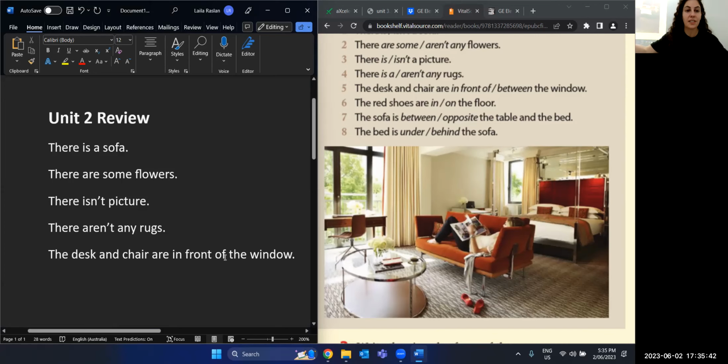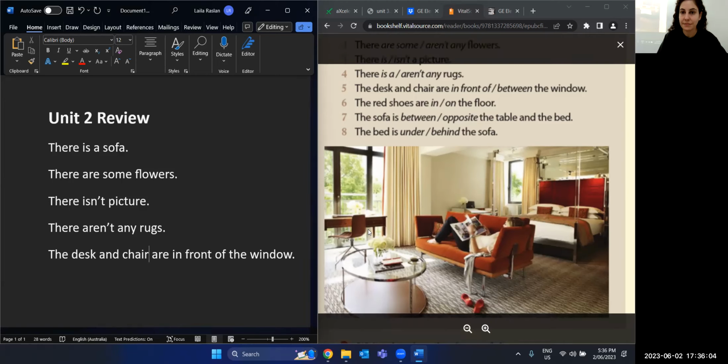You remember all these words? Preposition of place. So it's location. And we're talking about these furniture, their location in the room. So the desk and chair, there's only one desk. There's no S plural. So there's only one desk, one chair. They are in front of the window. Yes.